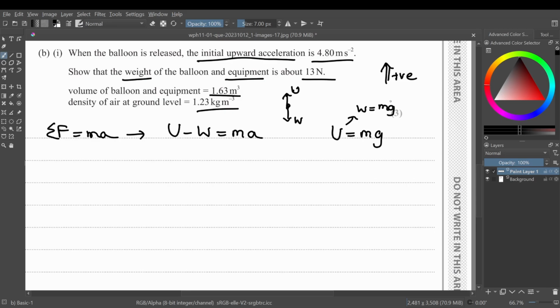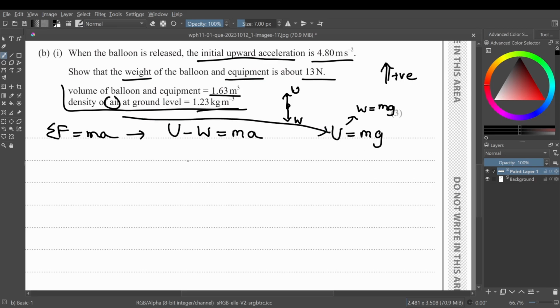Now, in order to find the upthrust value, meaning the mass of this upthrust, we can use what we have discussed in the previous part. What is upthrust? Upthrust is an upward force caused by fluids, basically air and stuff. So this is talking about air and volume, so it's linked to the upthrust part.